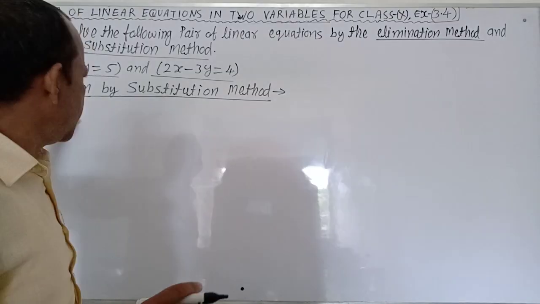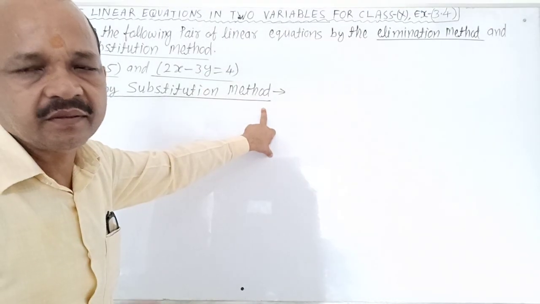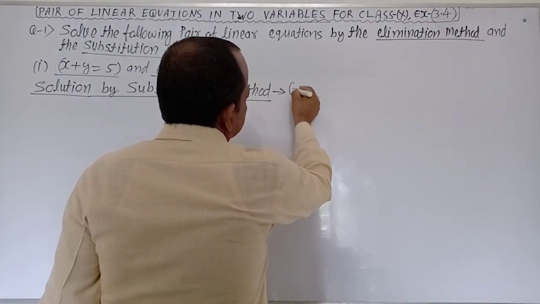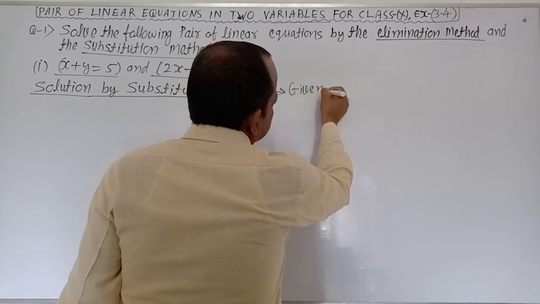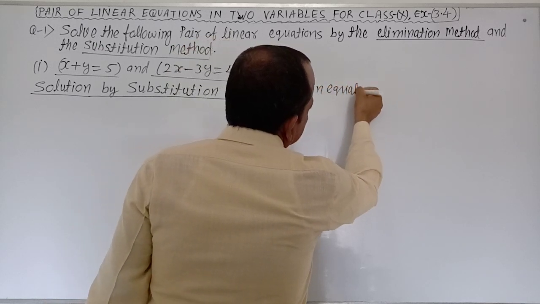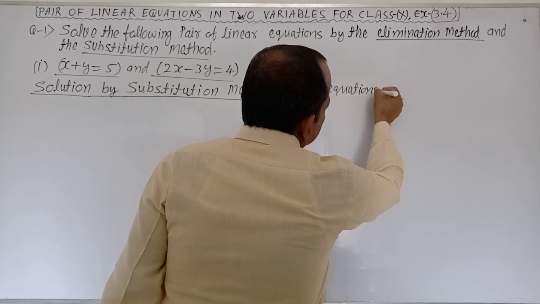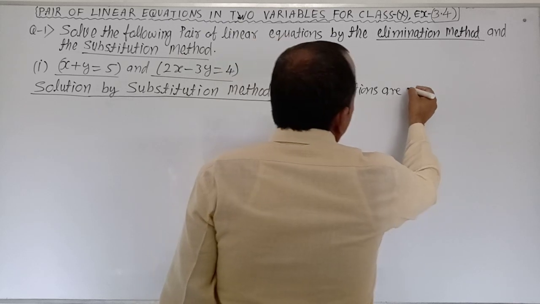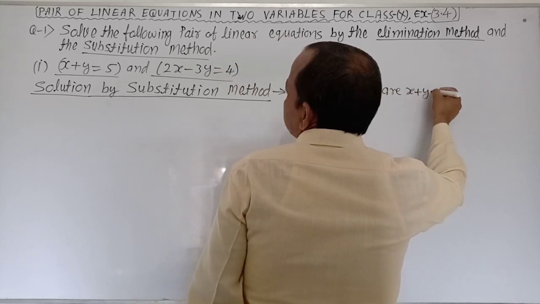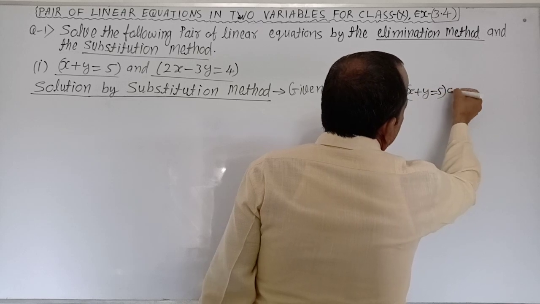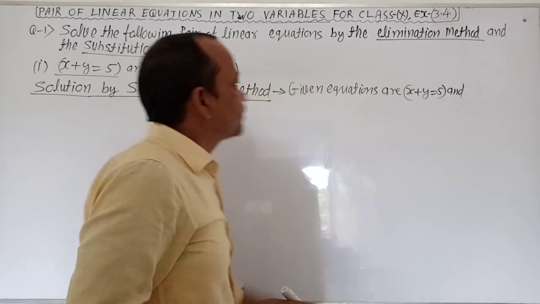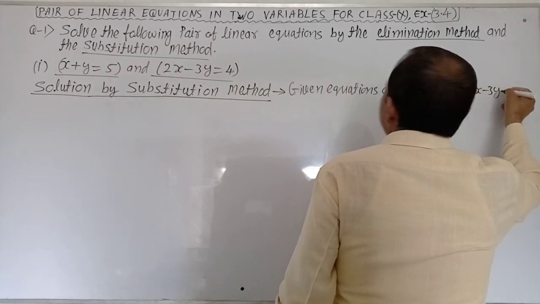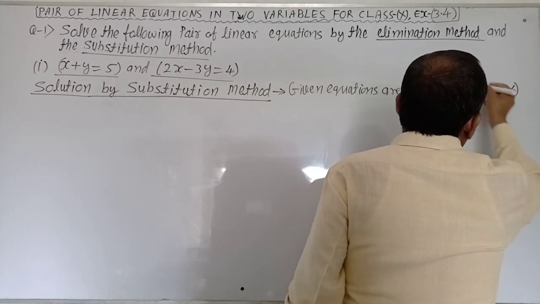Very good. Solution by substitution method. It is clear, given equations are x plus y equal to 5 and 2x minus 3y equal to 4.